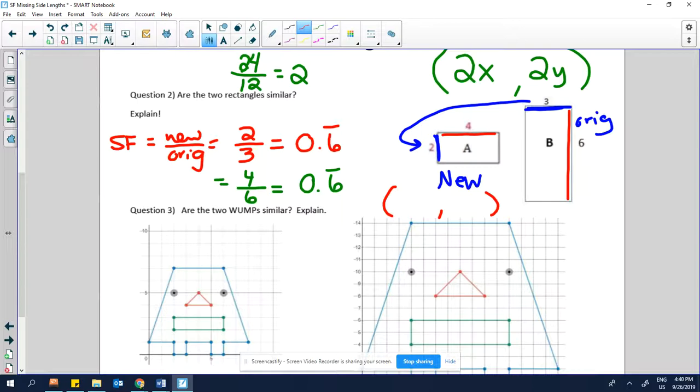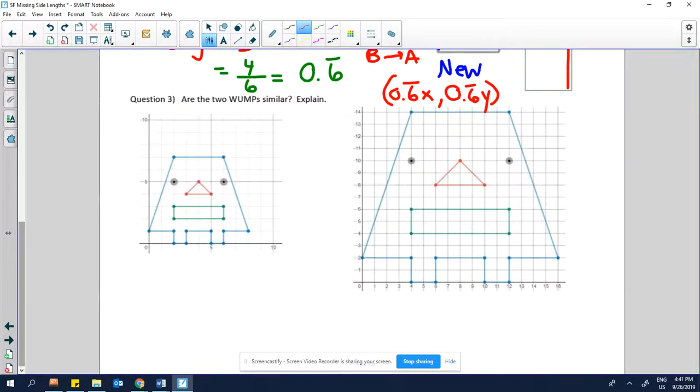All right, so our scale factor from B to A was 0.6 repeating times X and 0.6 repeating times Y. If it's a different number, that's when you have them not being similar.